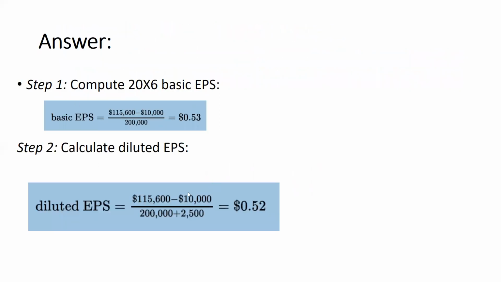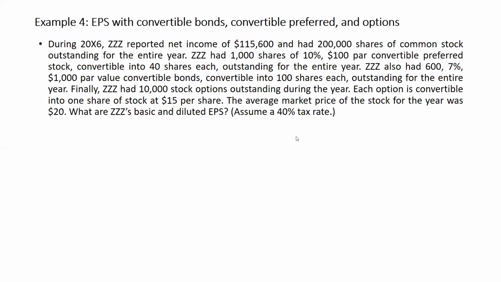Okay, here's an example of how it's calculated. Now we're coming to the last example, where all of the cases exist at the same time, with convertible bonds, convertible preferred stock, and options. So Triple Z reported net income, same, 115,600, plus 200,000 shares of common stock outstanding for the entire year.